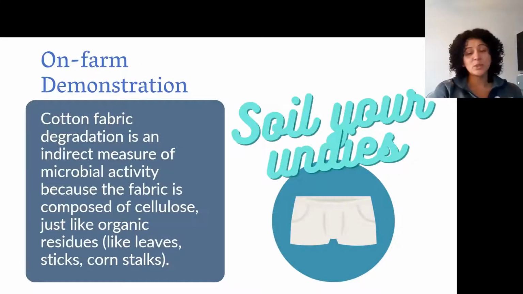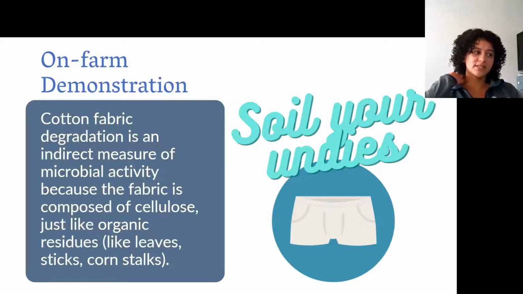So we wanted to create a method for evaluating soil health through the Soil Undies demonstration. That's very popular, especially as a visual tool to show farmers the difference between soil management practices. I've seen it done with tillage and no tillage or cover crops.